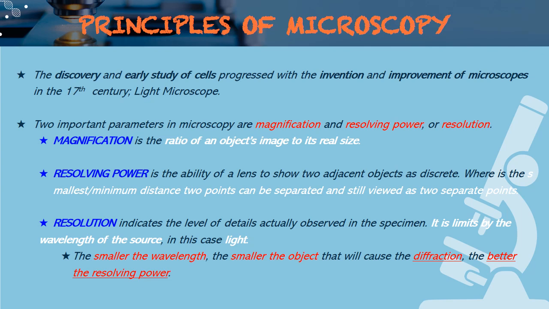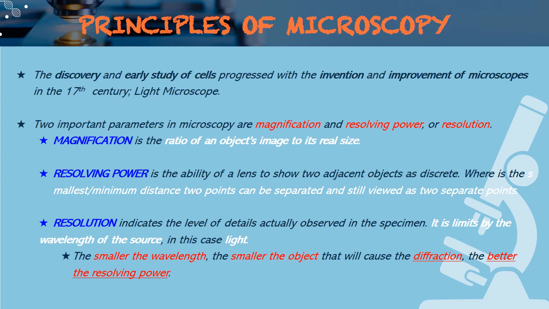Magnification is the ratio of an object's image to its real size. Resolving power, on the other hand, is the ability of the lens to show two adjacent objects as discrete. This is very important: it is the minimum distance at which two points can be separated and still be viewed as two separate points.